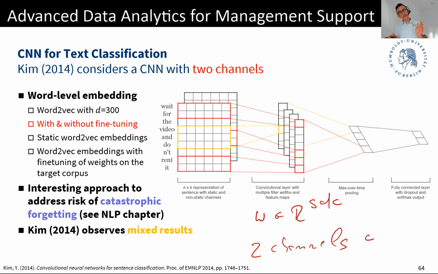But if you do it incorrectly, you have this risk that the fine-tuning on your target corpus hurts or harms the weights, updates the weights too much that were previously carefully pre-trained on a typically much bigger corpus. And the question is therefore, what is the right amount of fine-tuning?